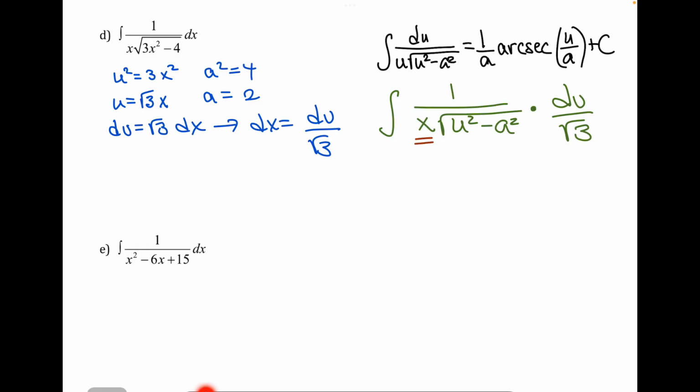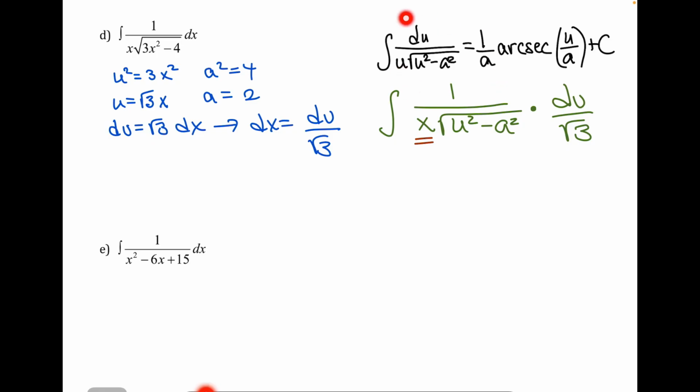So plugging that into my integral, let's see, we've got 1 over, we still haven't done anything with that x that's outside of the square root, but we do now have square root u squared minus a squared, and the dx becomes du divided by root 3. I need this integral to be in terms of u only.